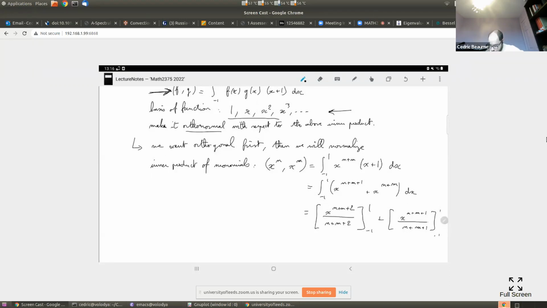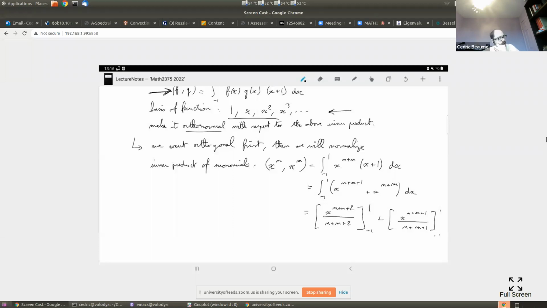Now we see that the upper bound of these integrals is 1, so the first term of each of these boundary terms is going to be 1 to a certain power, which doesn't matter, divided by a certain number. The second term is -1, so it's going to be -1 to a certain power, right?